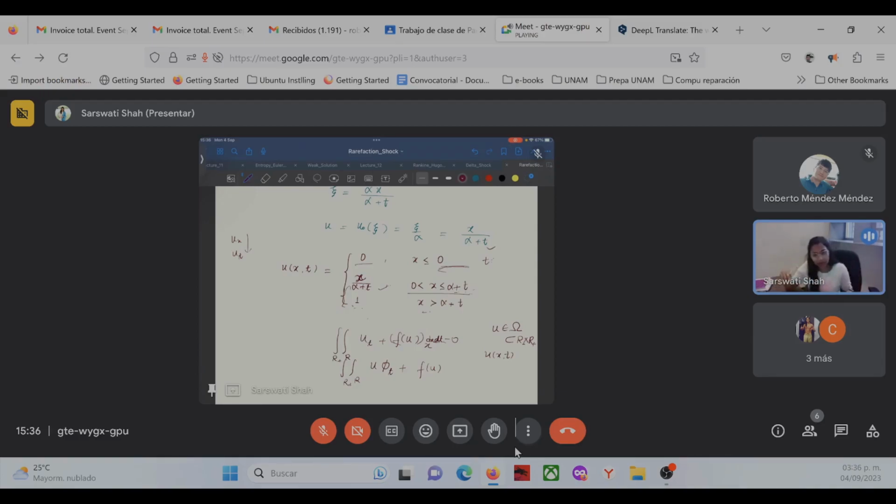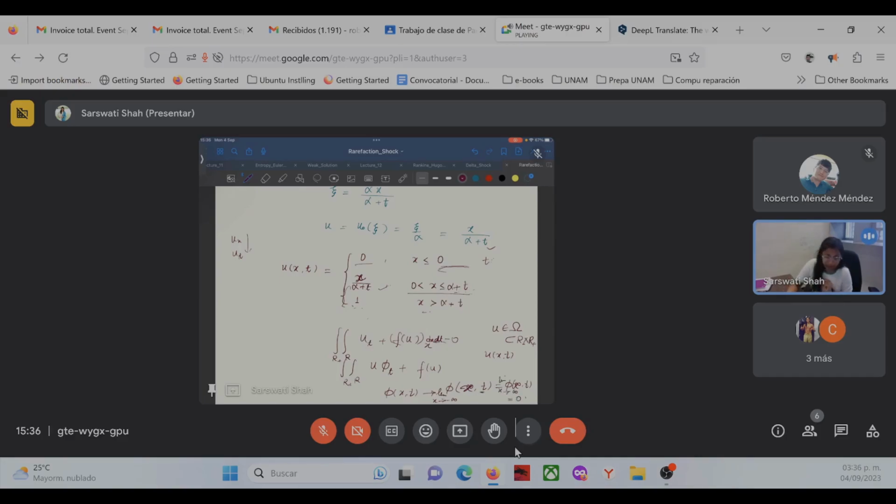So phi of x comma t is defined in such a way that the limit as x tends to minus infinity and the limit as x tends to plus infinity is 0.